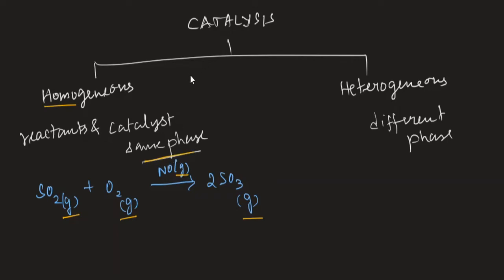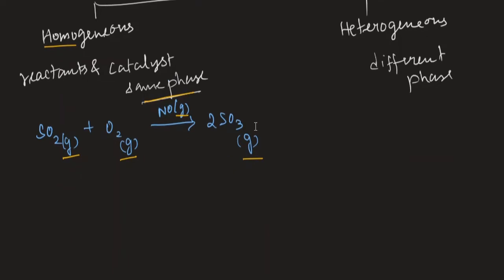And we can explain heterogeneous catalysis even in the liquid state. Let us consider another example: hydrolysis of an ester, any acetate, let us have methyl acetate, CH3COOCH3. The IUPAC name is methyl ethanoate.